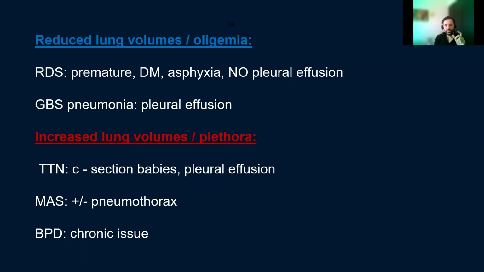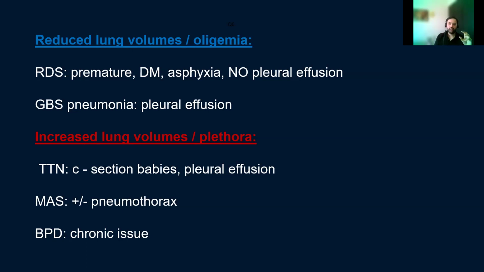Now, as you rightly pointed out, the history mentions perinatal asphyxia, the child is premature. Sometimes they might mention that the child is born to a diabetic mother. These are predisposing factors for developing respiratory distress syndrome. Whereas in cases of group B streptococcal pneumonia, you would not have those kind of appearances.